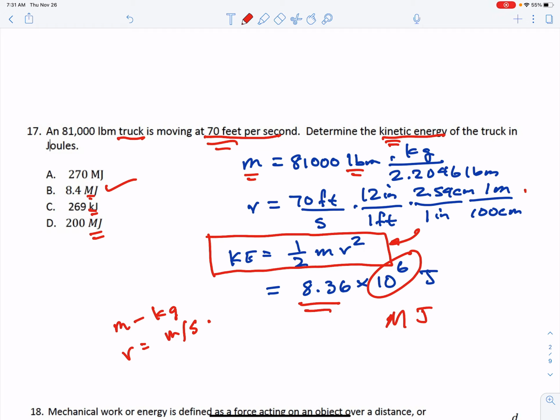In English, the mass would be in slugs, and the velocity would be in feet per second. If I'd given you this in miles per hour, you would have had to convert miles per hour to feet per second to use the English version of this formula. So think about that, and you're trying to become a better engineer, so you're using these ideas and trying to bring those deep into your psyche where you know what to do moving forward.